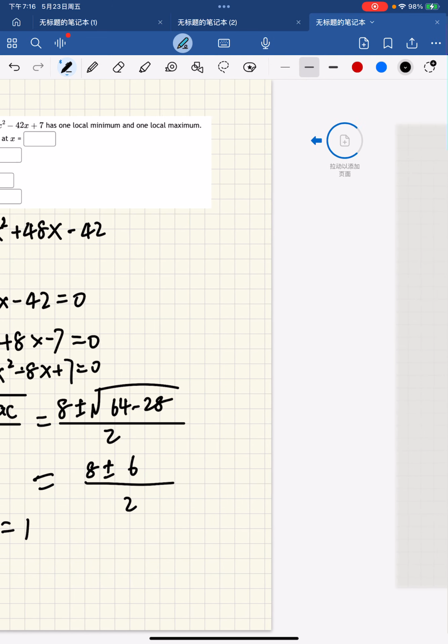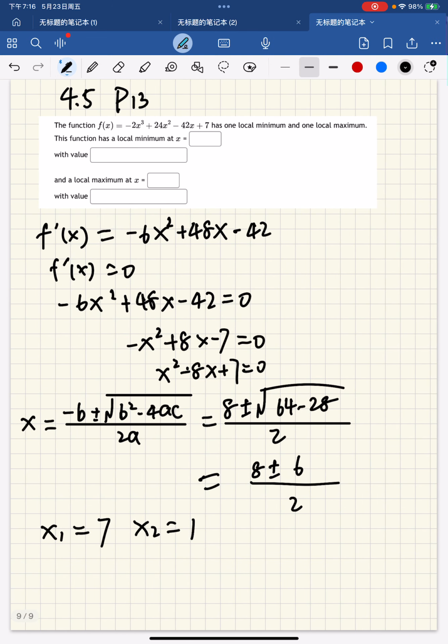So we have already figured out the critical points.